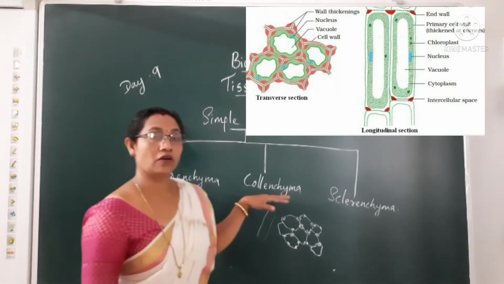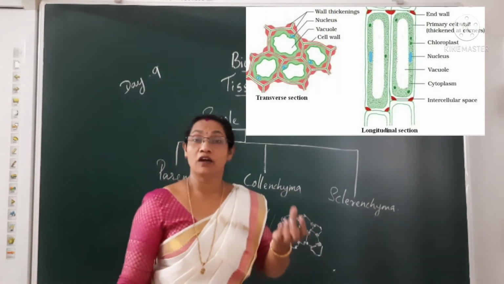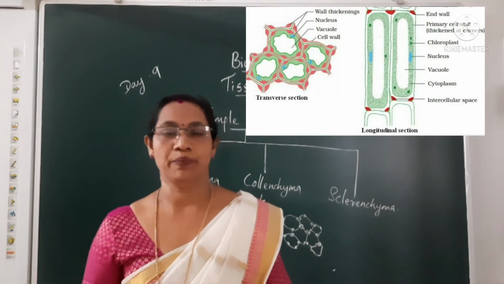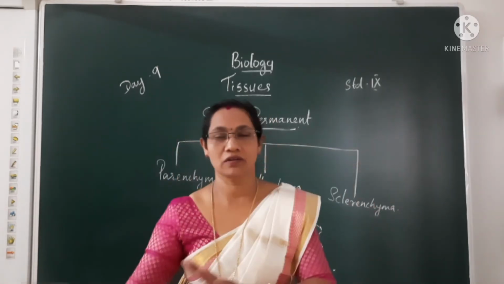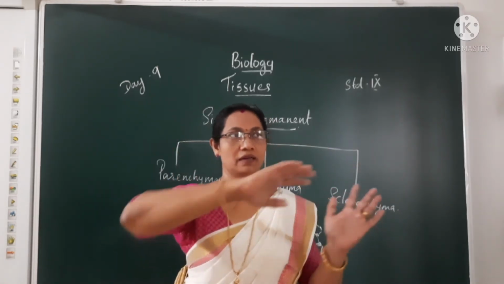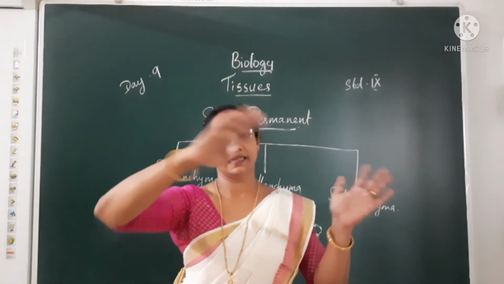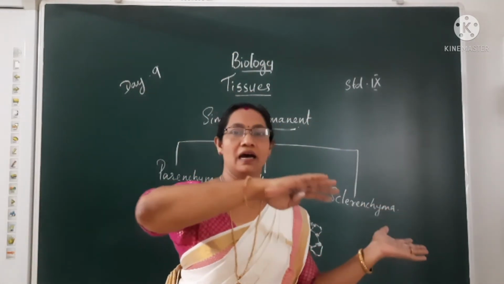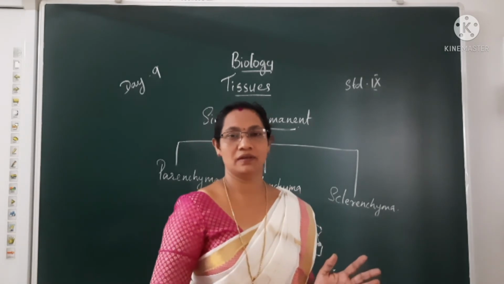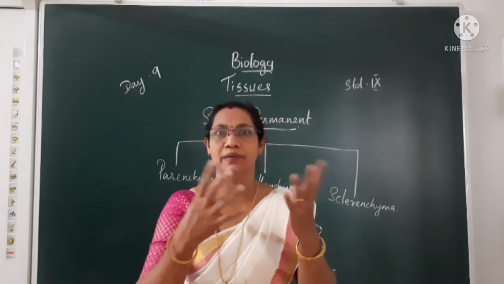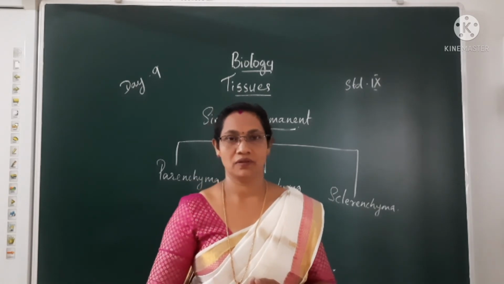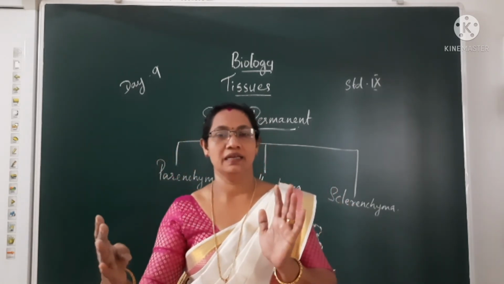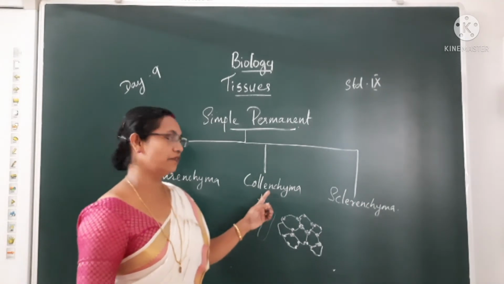And this collenchyma provides flexibility to the plant parts. So whenever any strong wind occurs, you can see that the branches of the trees bend, but at that time they never break. Only very rarely does it break. So that flexibility is due to the presence of collenchyma.